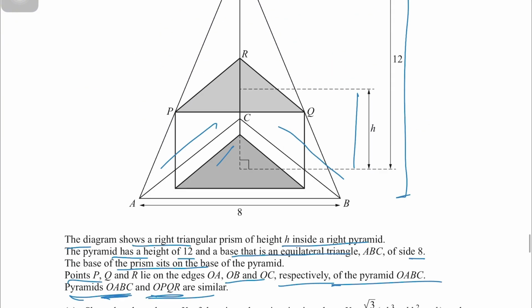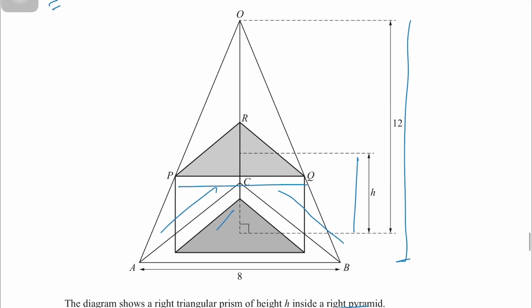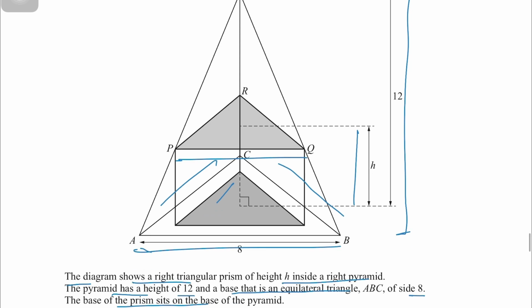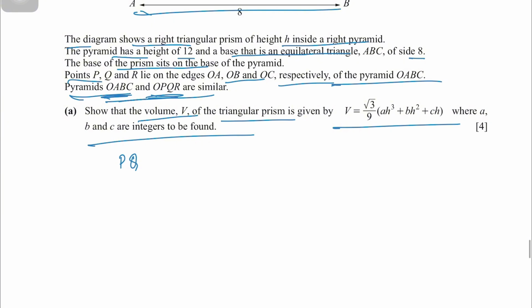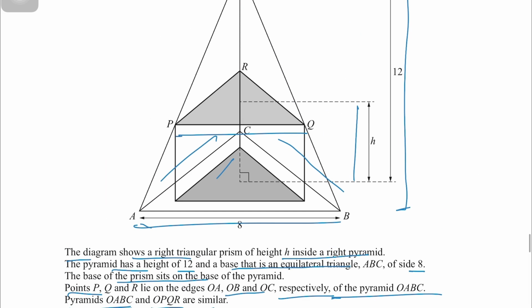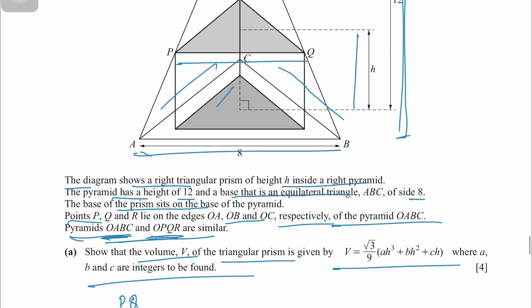So let's just take PQ. PQ is similar to AB, right? Since it is given as similar, PQ over AB, that is 8. We can take the ratios of the sides. And the other ratio we can take is 12 minus h and 12.